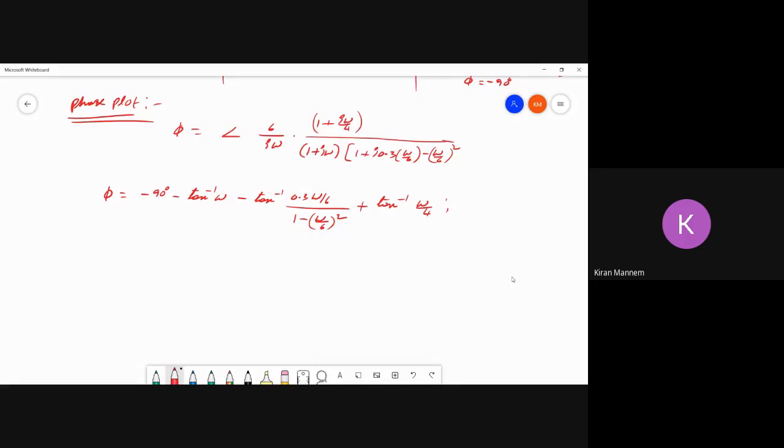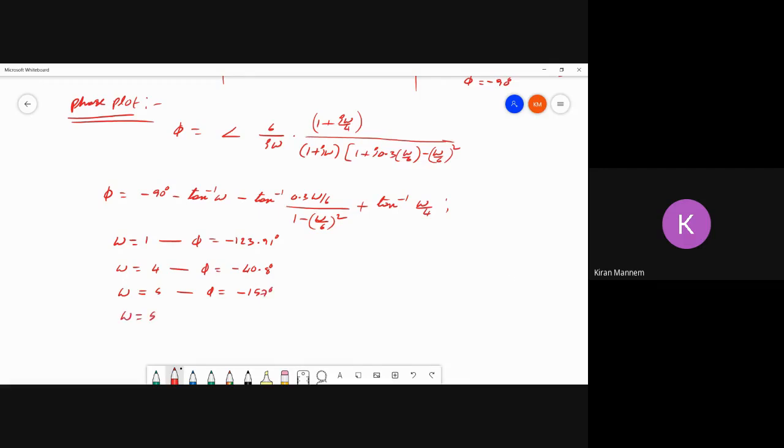When omega equal to 1, the phase angle is minus 123.91 degrees. When omega equal to 4, your phase angle would be minus 140.8 degrees. When omega equal to 5, your phase angle is minus 157 degrees.